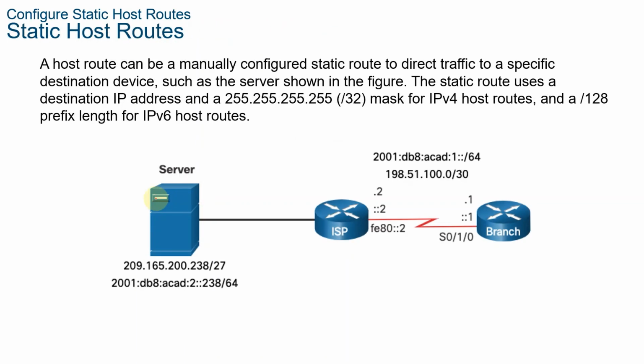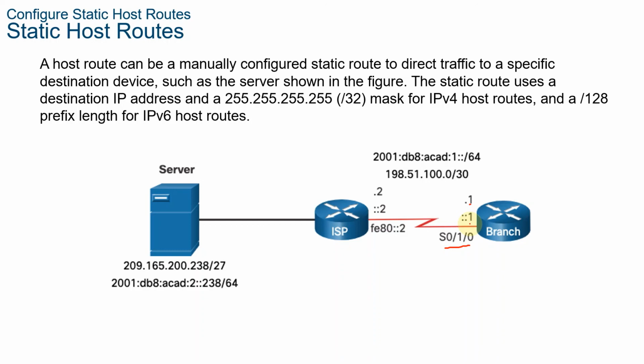For example, refer to the topology in the figure. The IP address assigned to branch serial 0/1/0 is 198.51.100.1/30, and 2001:DB8:ACAD:1::1/64.